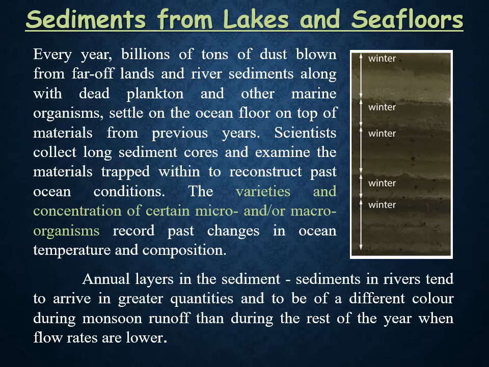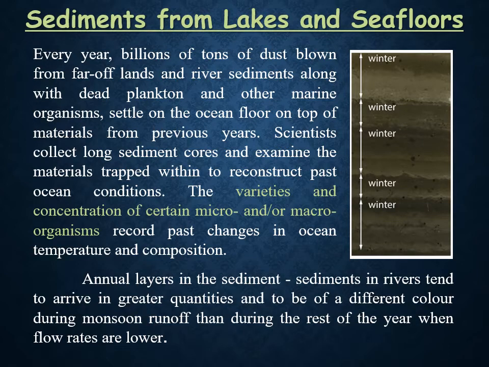Whereas during winter, when the flow rate is very low, mostly the sediments are fine grained and relatively darker in color. So we can see that within an entire year, there is variation in grain size, that means sediment texture or sediment composition.